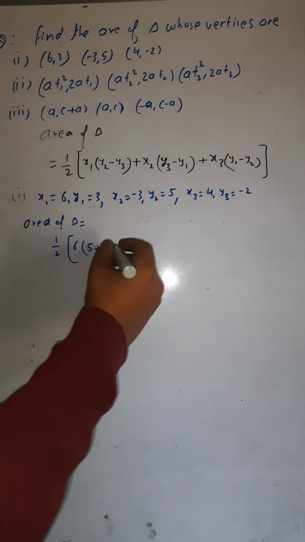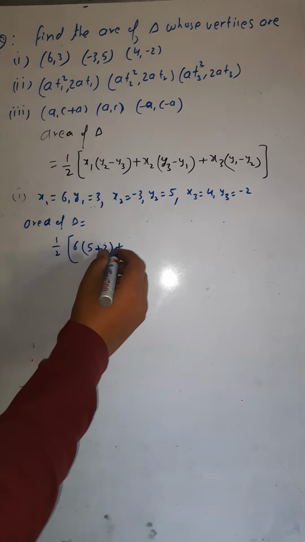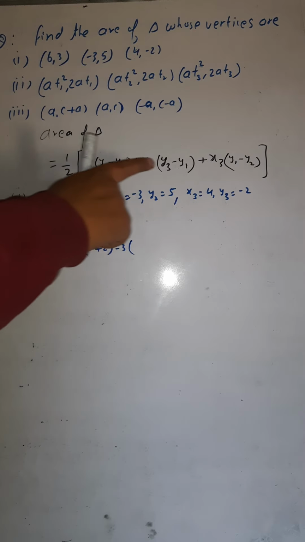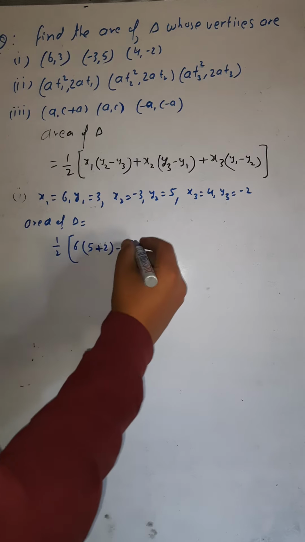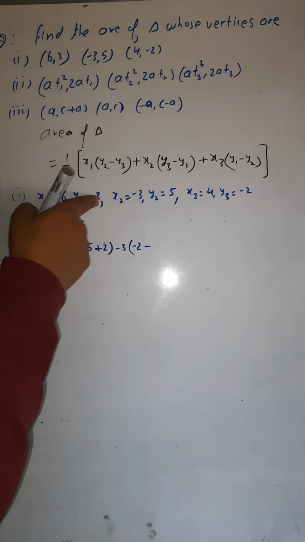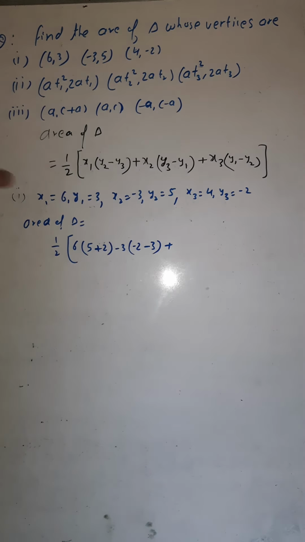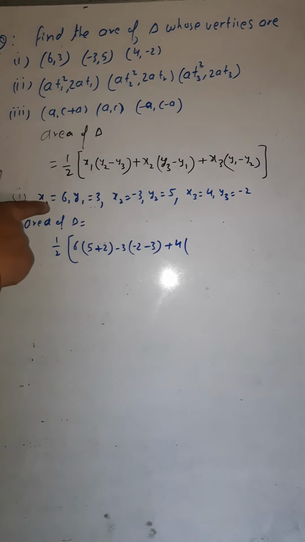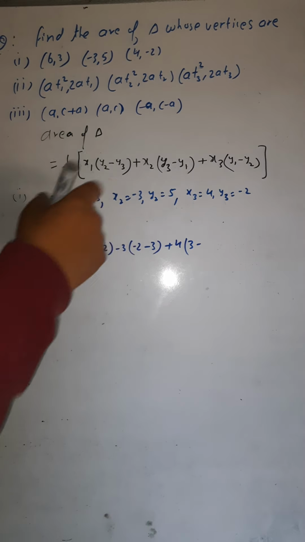Then plus x2, which is minus 3. Then y3 minus y1: y3 is minus 2 minus y1, which is 3. Then plus x3, which is 4, and inside y1 minus y2: y1 is 3 minus y2 which is 5.